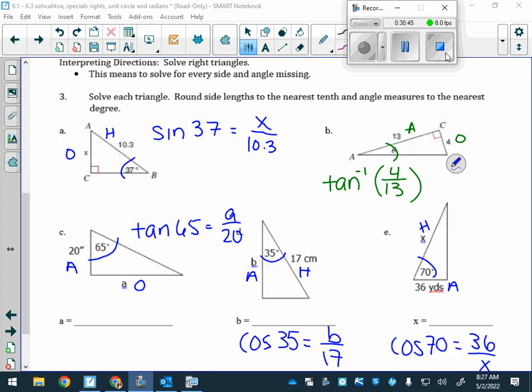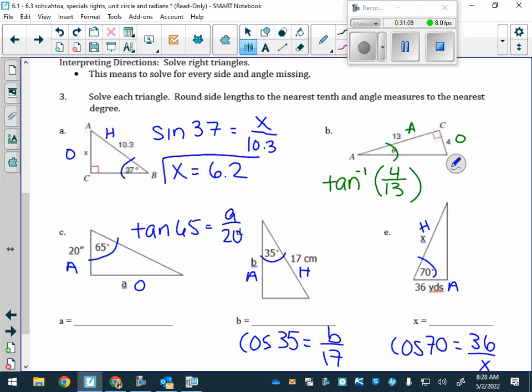All right. So for number 3, for A, your setup should have been sine of 37. You must have that degree there or else it doesn't make sense, okay? Sine of 37 equals x over 10.3. What did x equal if we round to the nearest 10th? 6.2.